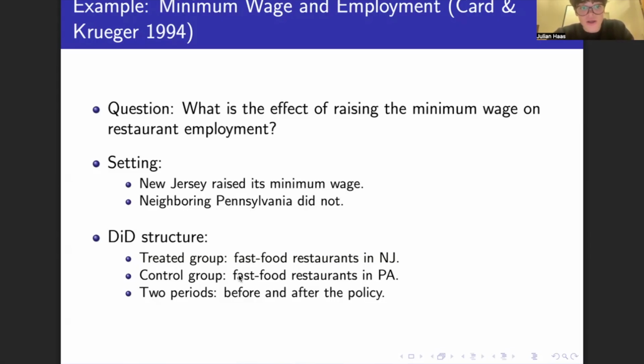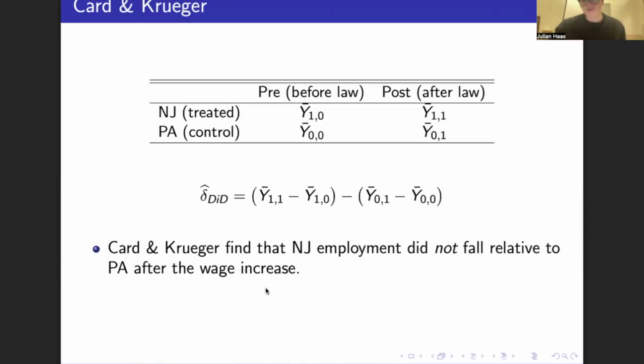The control group is fast food restaurants in Pennsylvania, and the two periods are just before and after changes in the minimum wage. And so the hallmark finding here is that they find that New Jersey's restaurant employment did not fall relative to that of Pennsylvania's after the minimum wage increase, which goes against the grain of what we would expect.